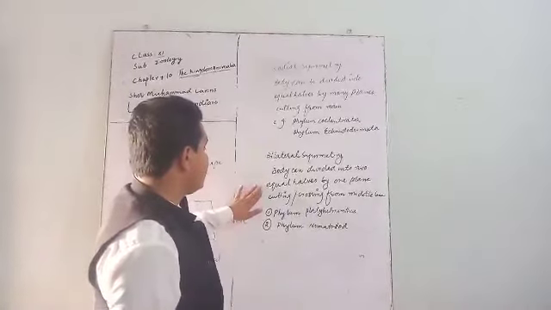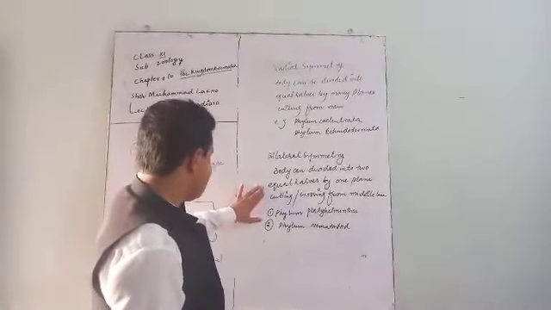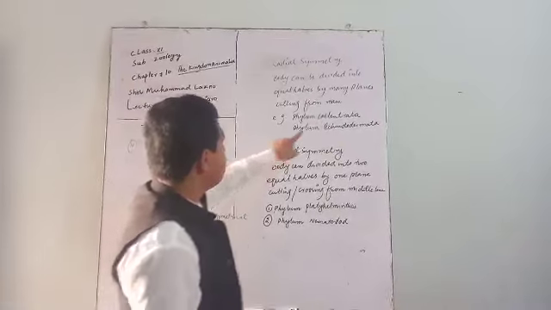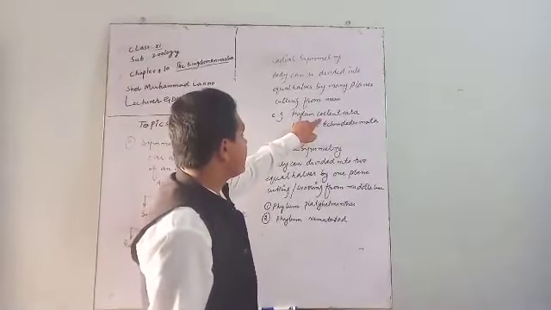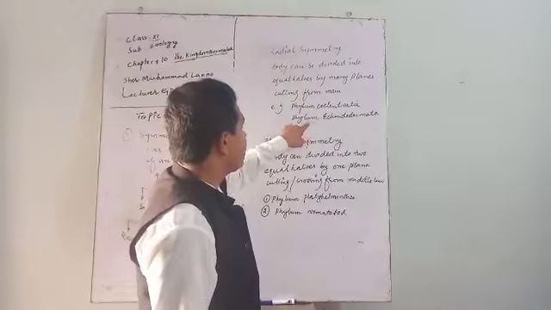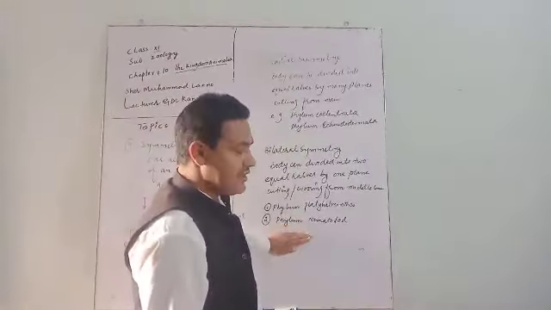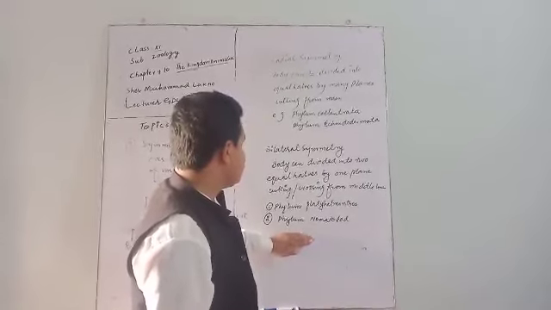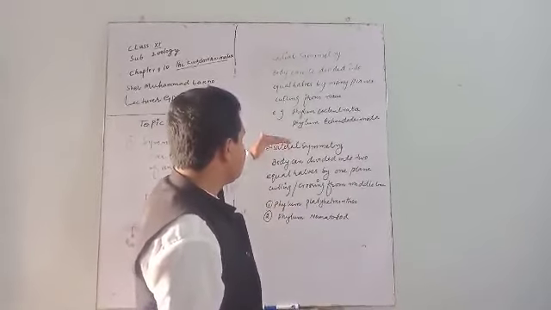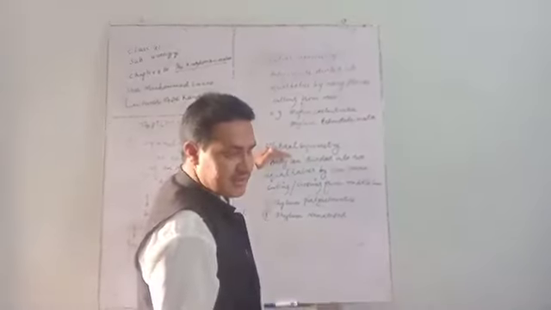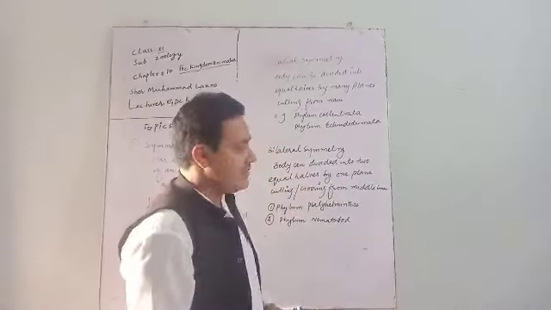All these phyla, except phylum Coelenterata and phylum Echinodermata, are included. They have bilateral symmetry in their body.